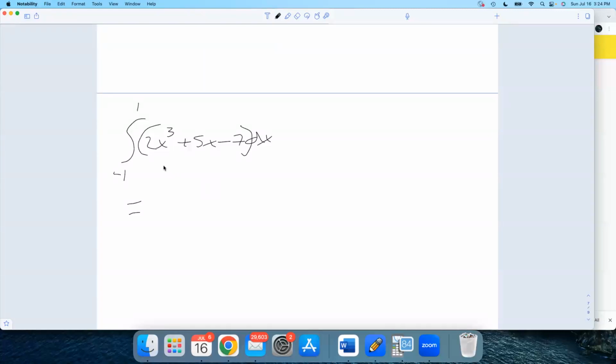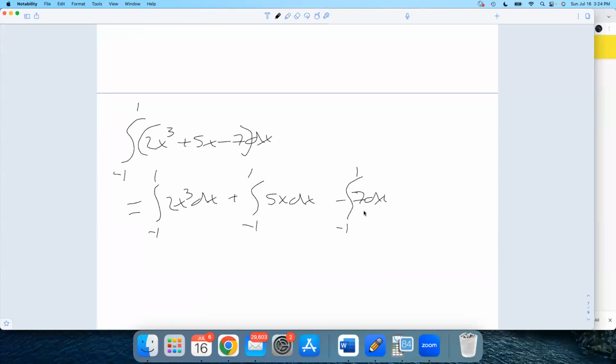Now I could, if I wanted to be very pedantic, split this integral up into 3 separate integrals. And sometimes that's beneficial to do. There will be plenty of times when we'll write out 3 separate integrals from -1 to 1, because maybe one's easier to do than the other ones.